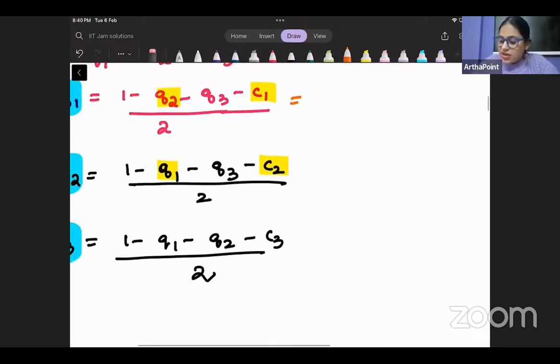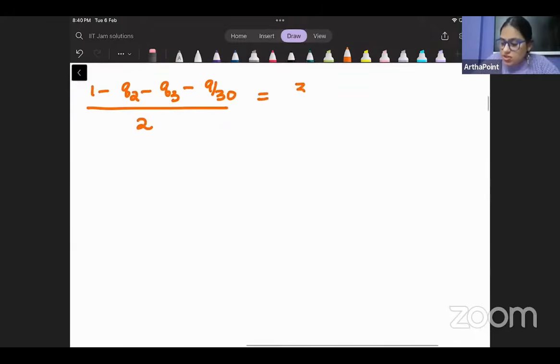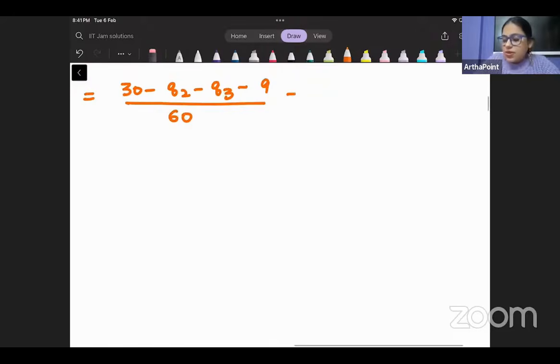So Q1 is 1 minus Q2 minus Q3, minus C1, which is given as 9 by 30, divided by 2. Just take the LCM: 30 minus Q2 minus Q3 minus 9 by 60. So this will be 21 minus Q2 minus Q3 by 60.